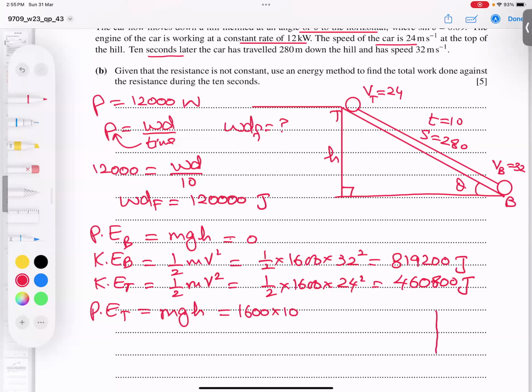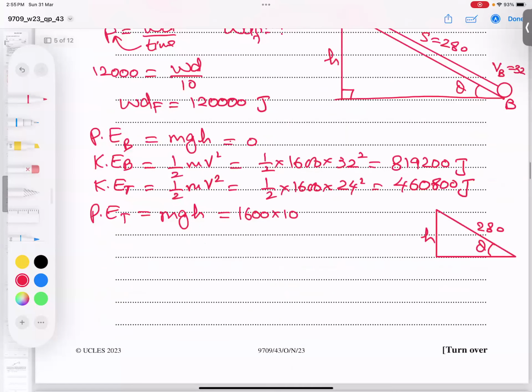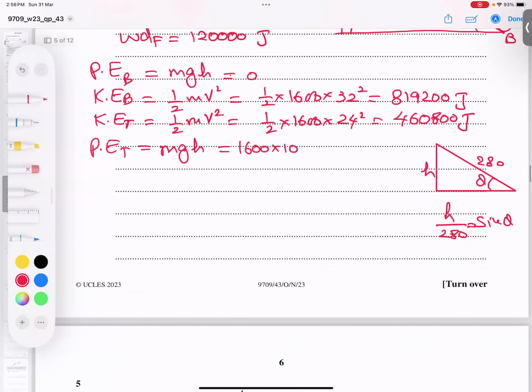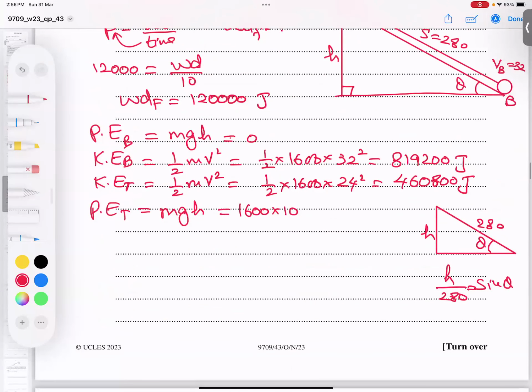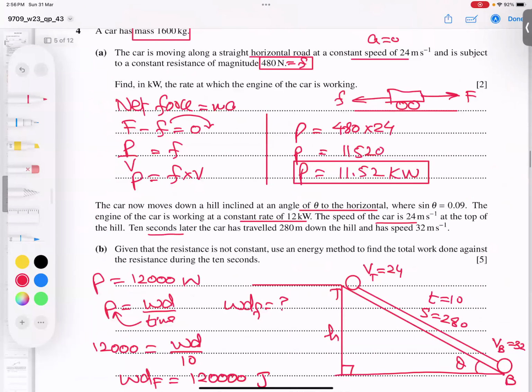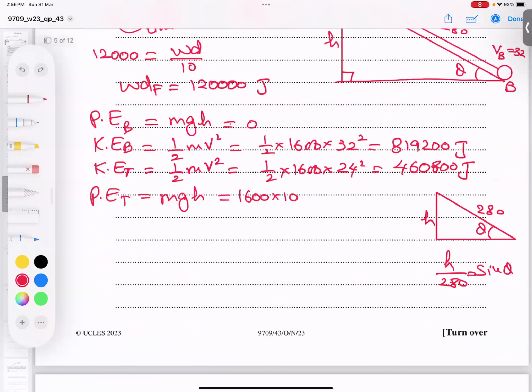So if I make a small triangle, which you can see, this is 280 meters. This is theta given and a height. How to get height? Opposite by hypotenuse is sine theta. And the sine theta value is given on top, 0.09. So I'm keeping 0.09 in the place of sine theta.